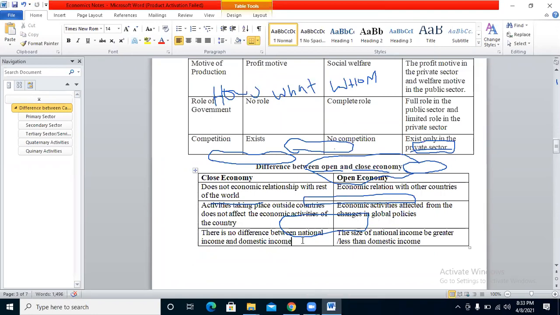But in the open economy, the size of national income might be greater or less than the domestic income, because we are importing and exporting goods and services to other countries. So this is the realistic approach.